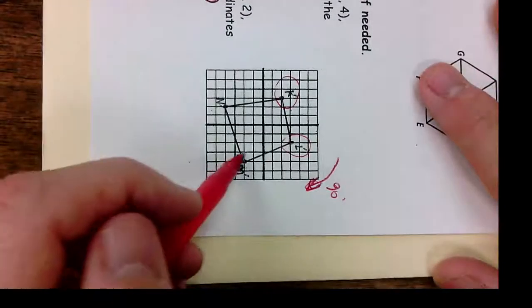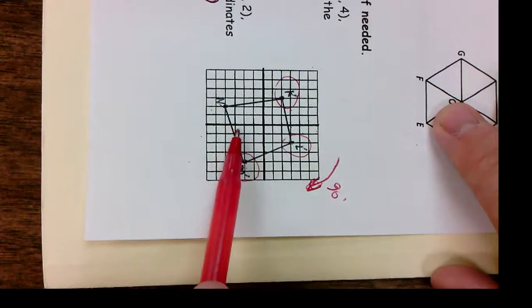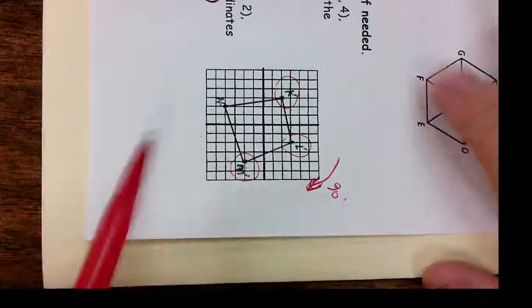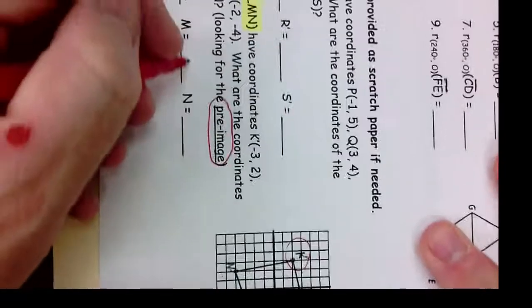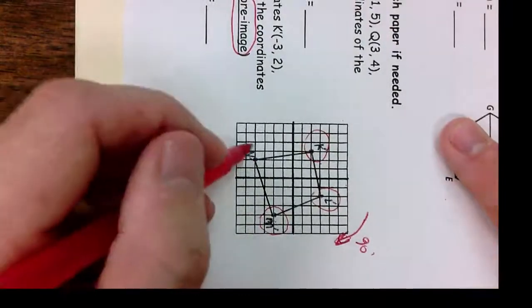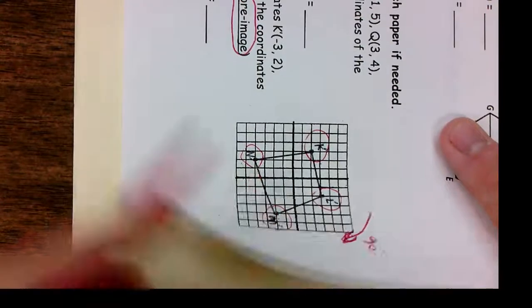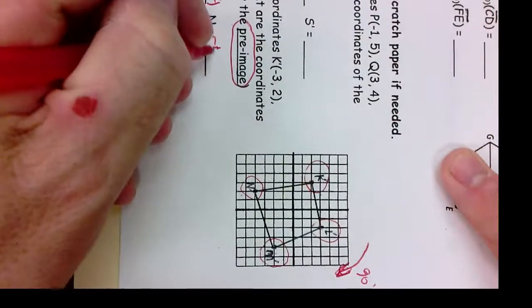M, before it was rotated, would have been here. That is negative 2, negative 4. And N, before it was rotated, would have been here. It's negative 4, positive 2.